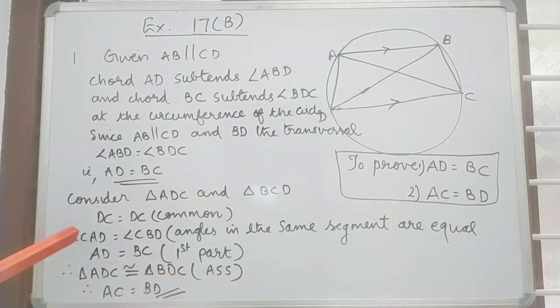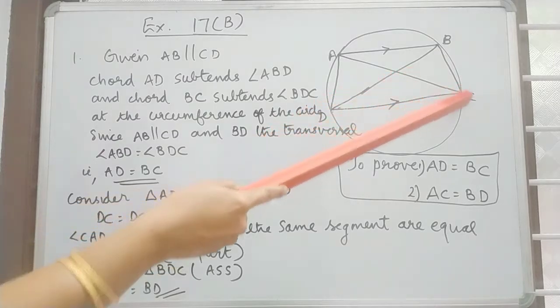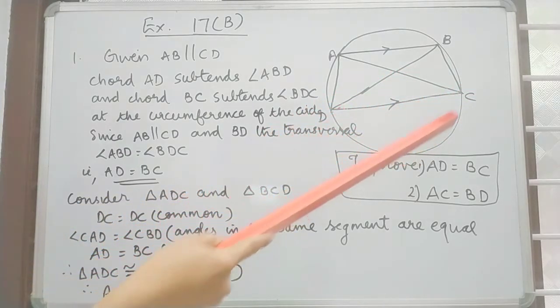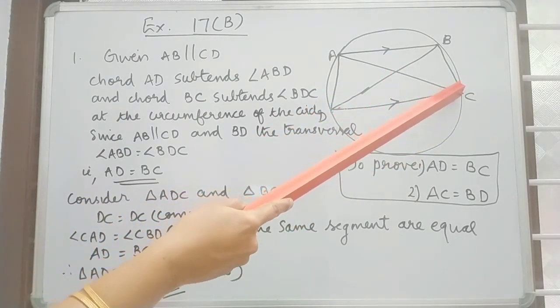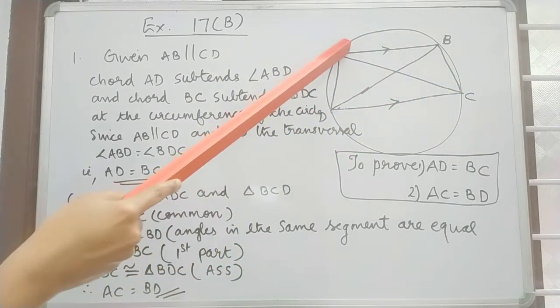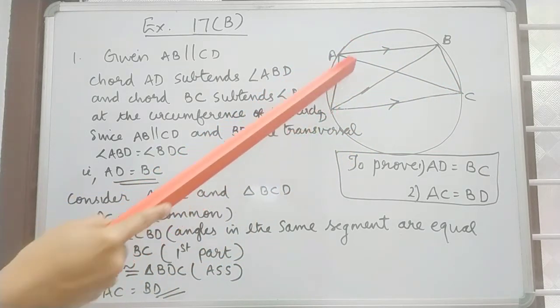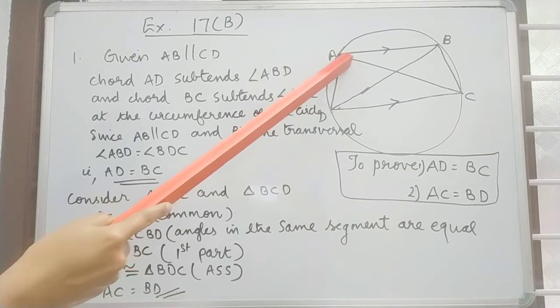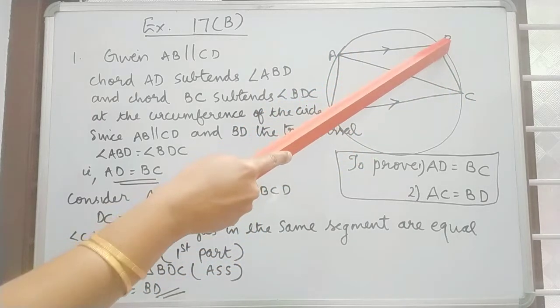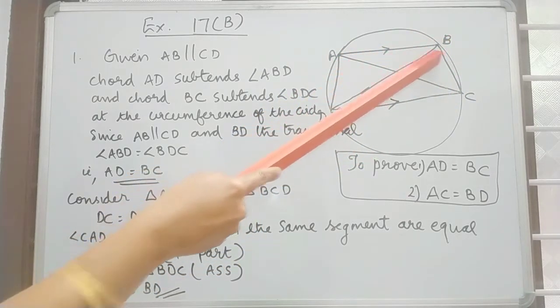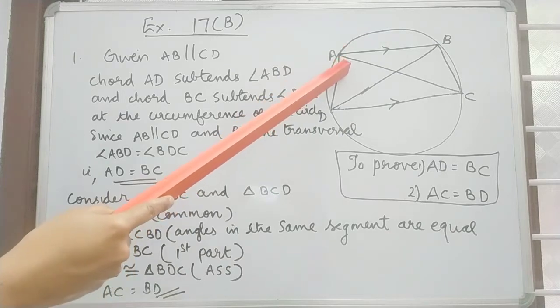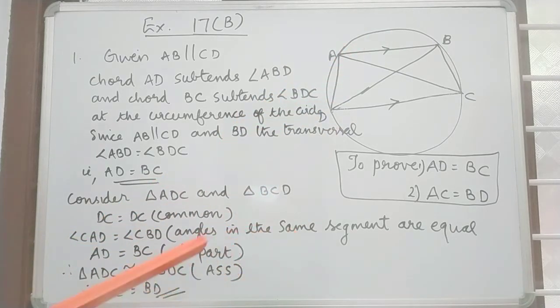So we can write angle CAD is equal to angle CBD. These two angles will be equal using the concept that angles in the same segment are equal.